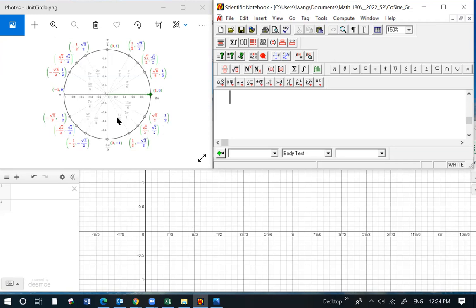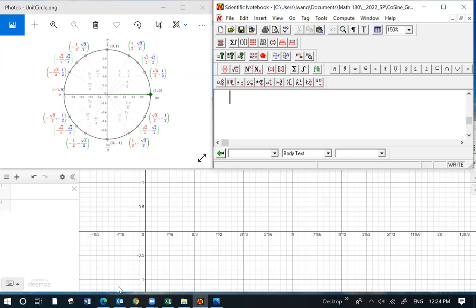And over here, we're going to recap what we did last time, and then we continue to do the cosine curve from 0 to 2 pi, and then we're going to do the negative 2 pi.